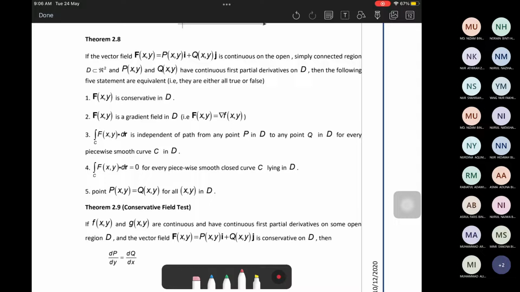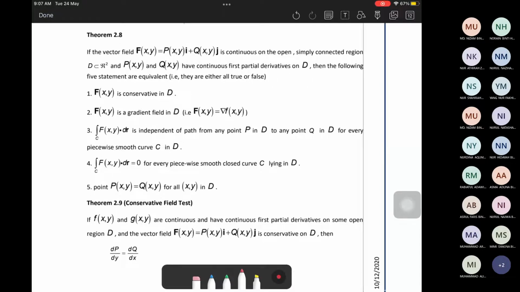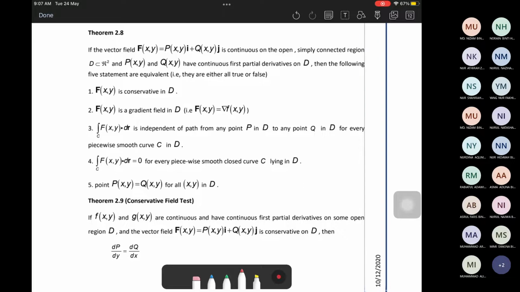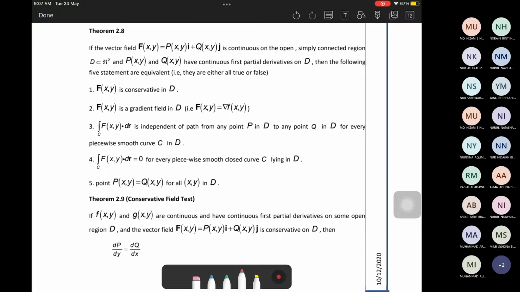Okay, itu dia maksudnya lah independent of path. Jadi independent of path tu, if we can show that the vector field F is conservative, then the value of line integral or the work done is equal for any path from P to Q.